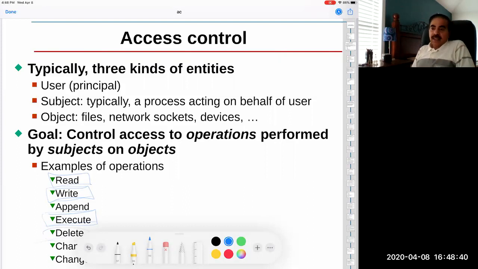For instance, the ability to delete a file is expressed as a write permission on a directory. That's how you emulate some of the other operations if the policy itself does not provide a direct mechanism for expressing those operations.